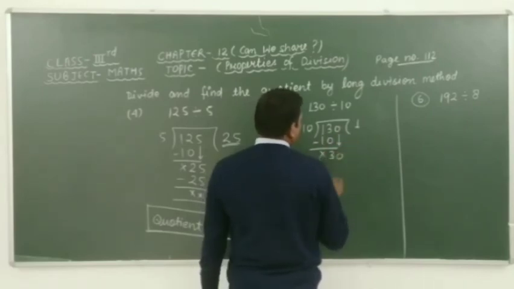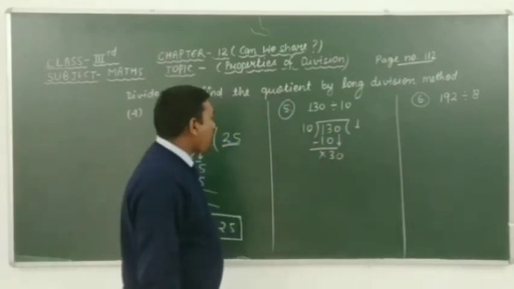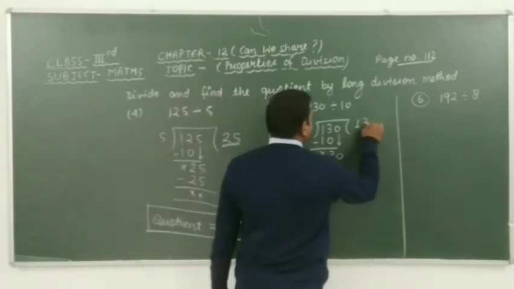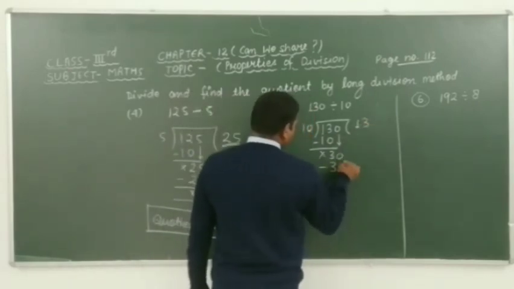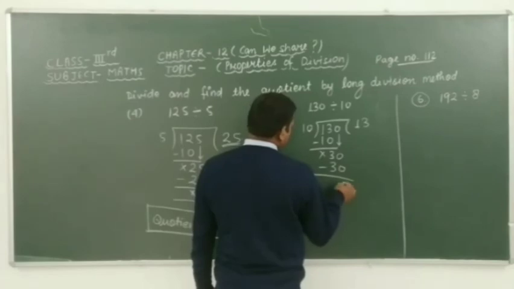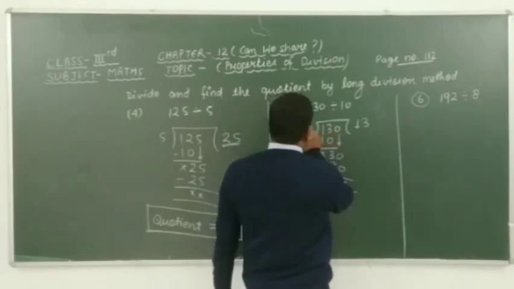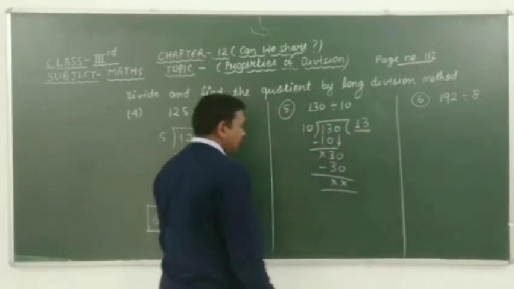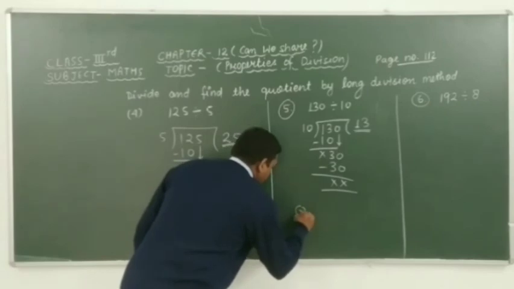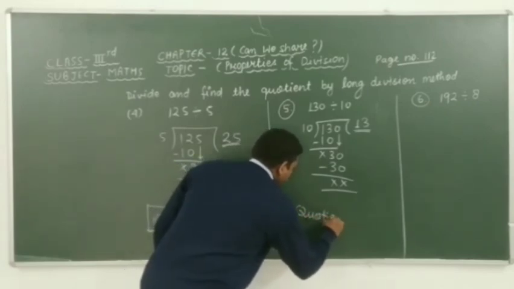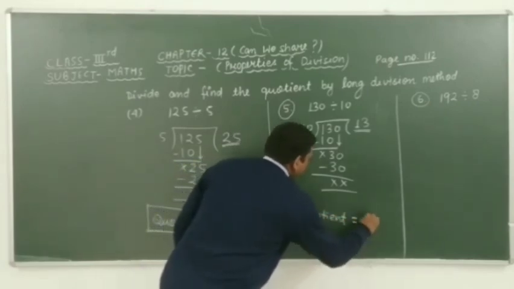Here we bring down 0 as the same. Okay students, 10 threes are 30. 0 minus 0 is 0, cancel out. 3 minus 3 is 0, cancel out. Okay students, after dividing these we get 13 as the quotient. It means that quotient is equal to 13.